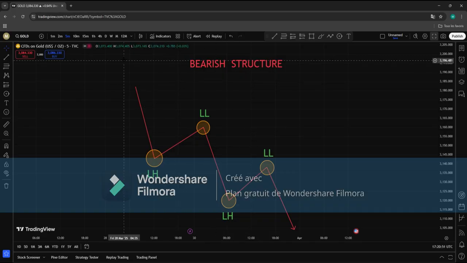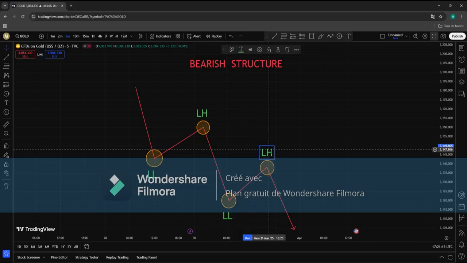Yes, we see the market go here and create a lower high, and go here and create a lower low, and break this lower high, and go here, and we see the market create a lower low, and go here and create a lower high and break this lower low, and we name it the BOS.